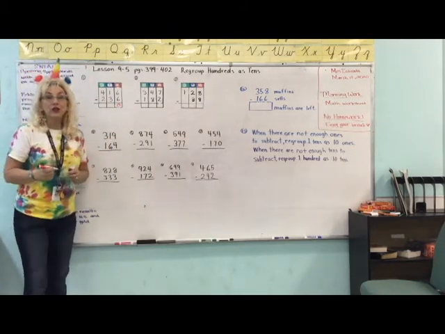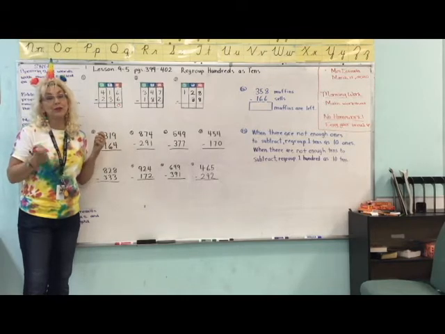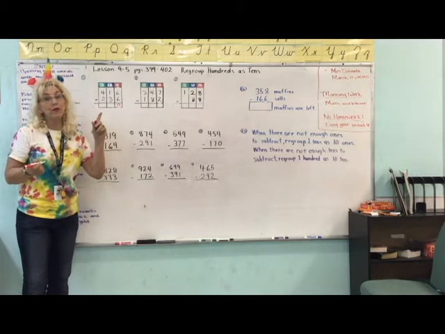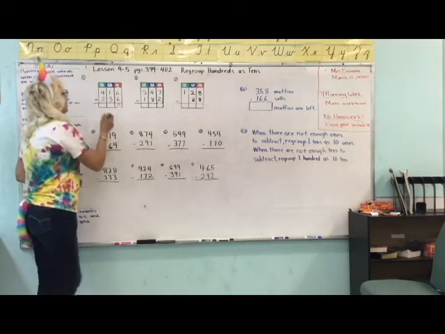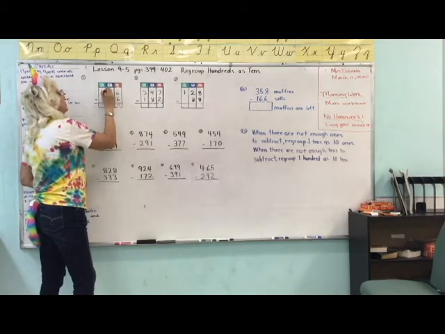Okay, now let's look at our tens. In our tens, we have one group of tens on the top and 3 groups of 10 on the bottom. And we can't take that away because you can't take 3 away from 1, right? So we have to borrow from the hundreds. We'll move over a group of hundreds, making this 11.